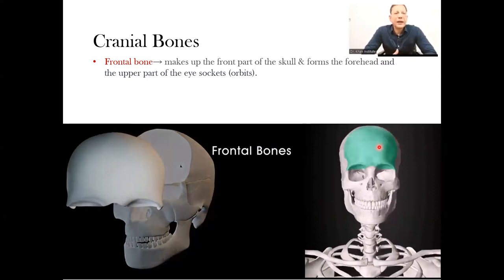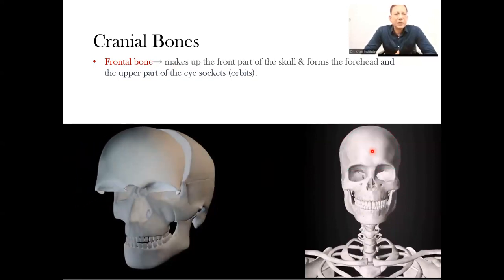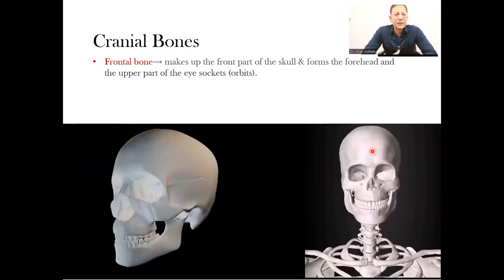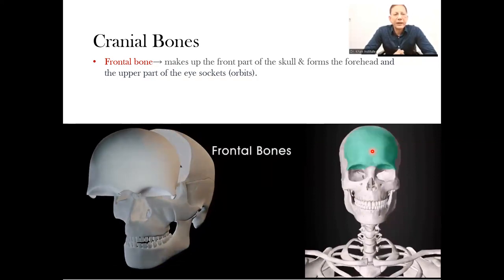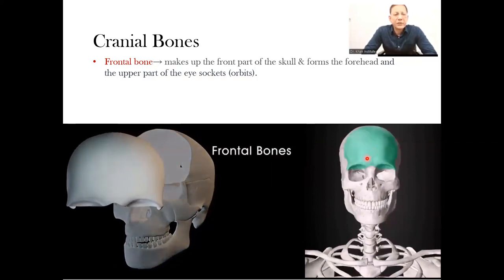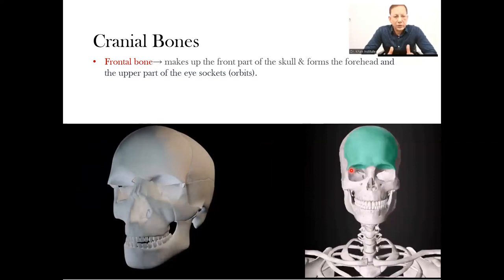The frontal bone, along with the other cranial bones, provides protection for the frontal lobes of the brain. The frontal bone contains the frontal sinuses, which are paranasal sinuses. These are air-filled cavities within the bone.